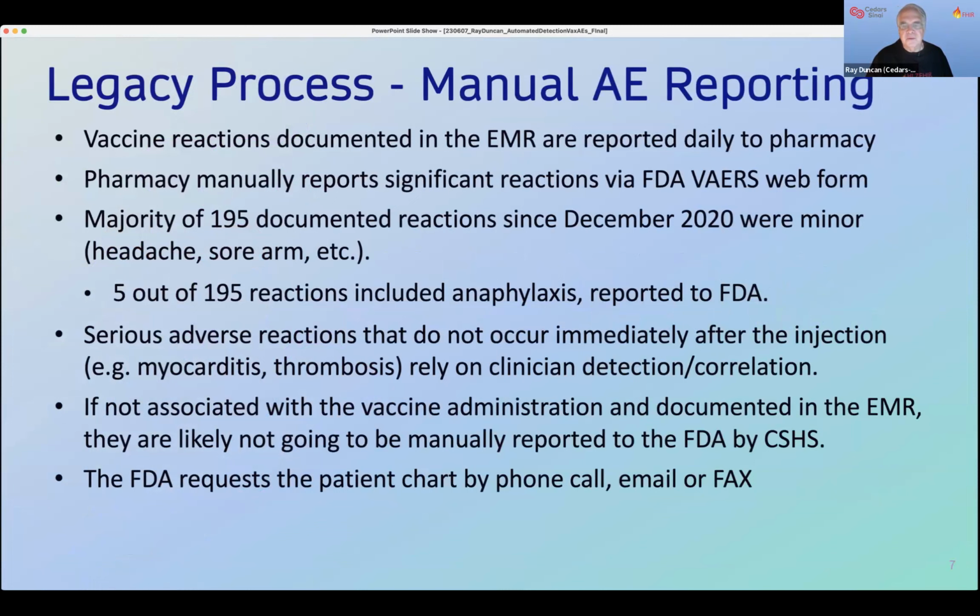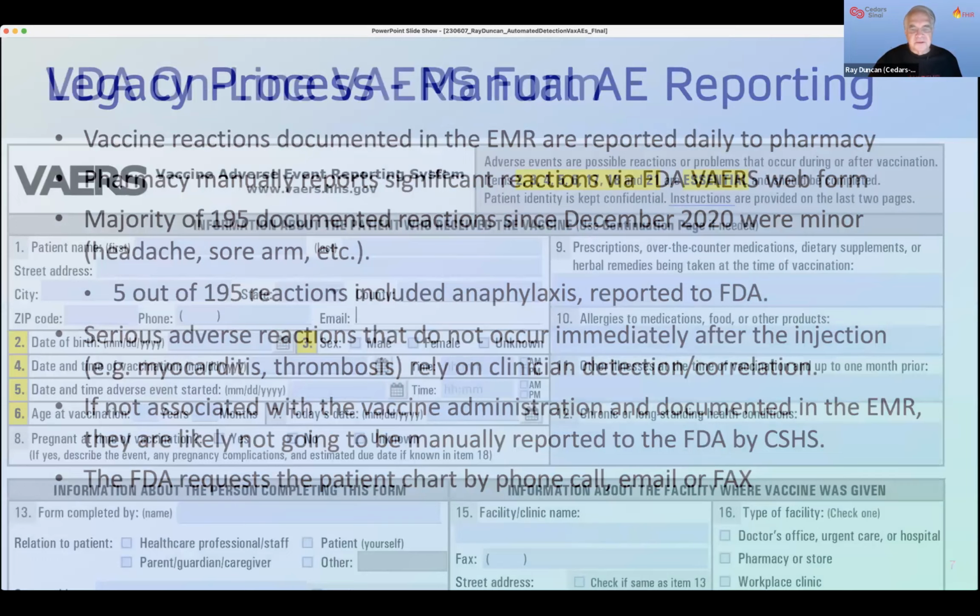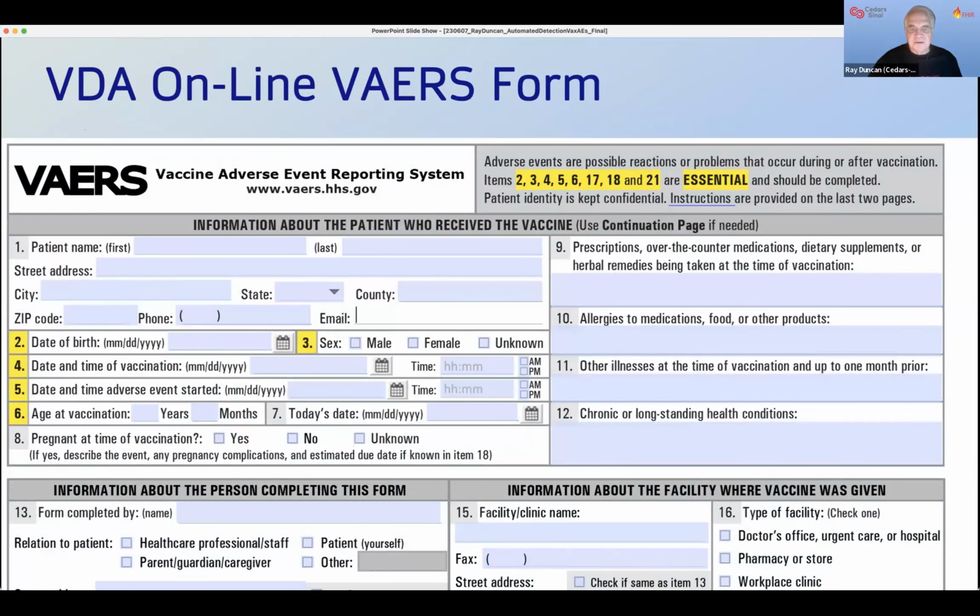So currently we report adverse events to the FDA manually. There's an online form, there's a daily report that's generated out of the EMR that goes to pharmacy. Pharmacy reviews the report. They pick out what they think is significant. And they report it to the FDA using an online form, which I'll just show you the top part of here. It's quite a large form.